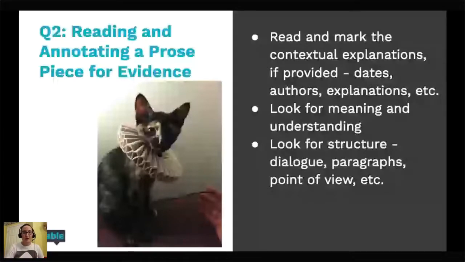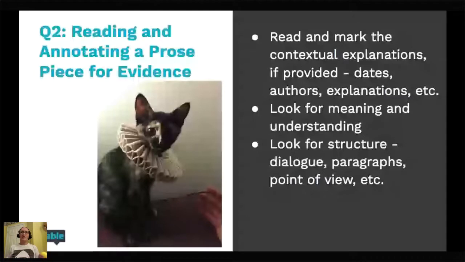It could be drama, it could be prose. Same thing. Almost every prose piece for a Q2 is a piece of a novel or a piece of a play. They will give you, not always, but pretty often, some context as to where that piece is coming from.